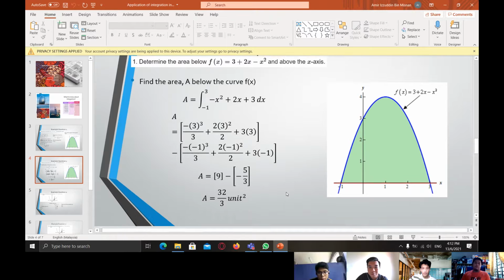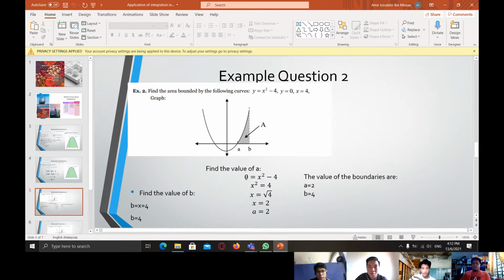In question 2, find the area bounded by the following curve, which is y equals x squared minus 4, and also y equals 0 and x equals 4. In this case, the question has included the graph here and a set of boundaries.